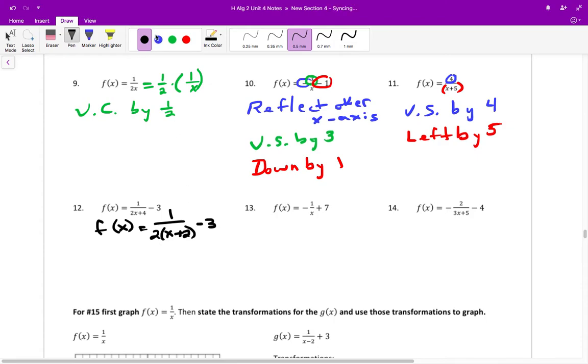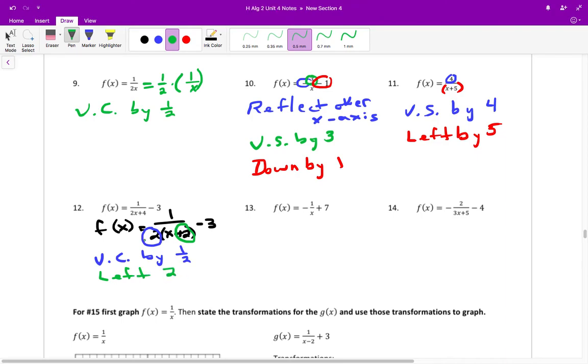There's actually going to be a couple of things going on here. The first, notice that you are multiplying by a number in the denominator. That's going to be what tells you that this is a vertical compression by, in this case, 1 over 2. Now, again, the reason you need to factor is that also affects your transformation. Now, your horizontal transformation, you are going to be going to the left by 2.